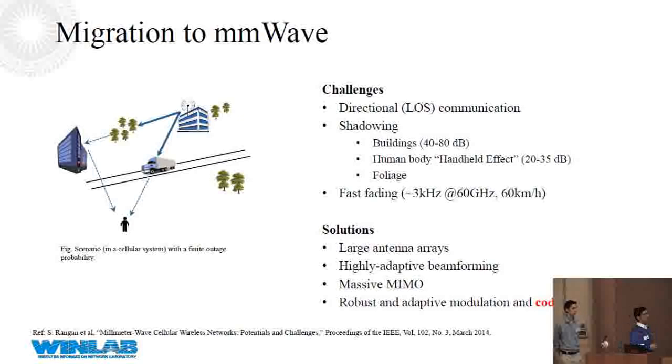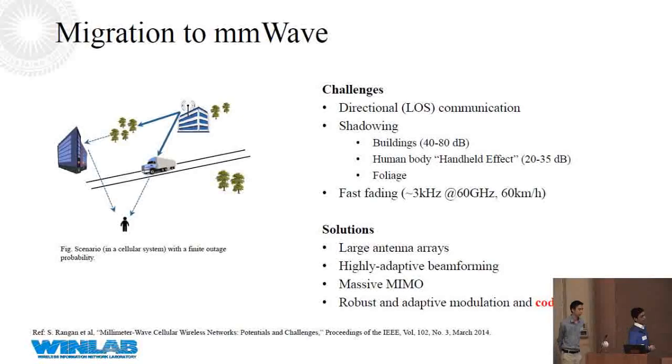So you'll see a lot of loss, and there is a high, or rather a finite, outage probability relative to the contemporary systems. So what this means is that for modulation and coding, the channel code has to handle this situation, which is relatively significant and new compared to the current deployments. So that is the focus.